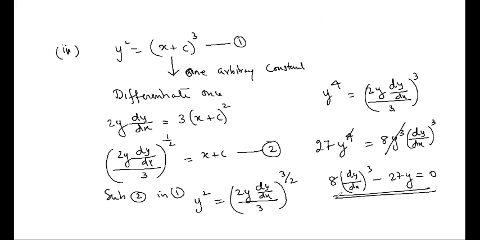Now, sir, second method. Sir, one doubt. Yes, sir. Sir, where did that y square come from when we substitute 2 into 1? Where this square has come? When you differentiate x plus c the whole cube, what is the derivative? 3 into x plus c the whole raised to 2 into derivative of x plus c.